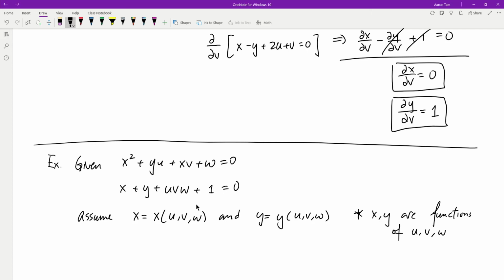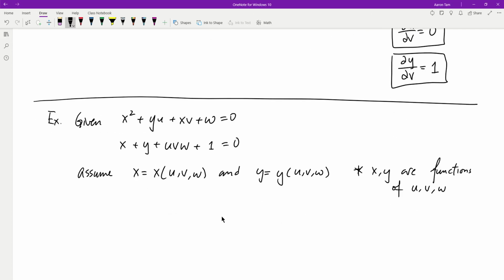What I'm going to ask you to do is the following. I'm going to ask you to find dx over du evaluated at uvwxy equal to 1, 1, negative 1, 1, negative 1.